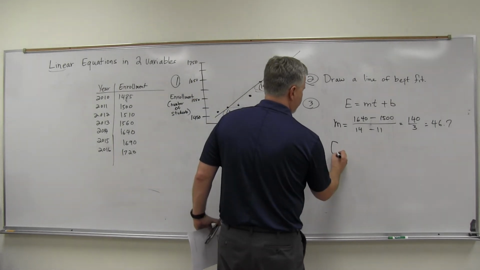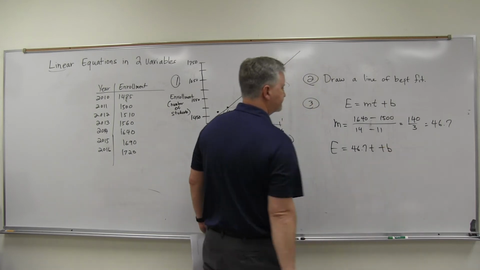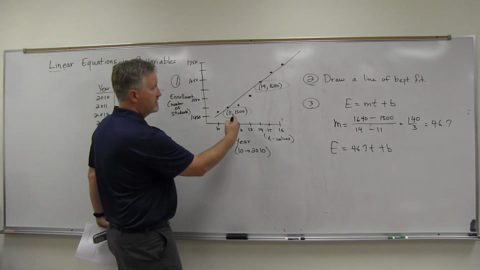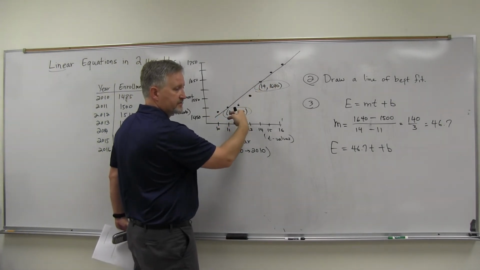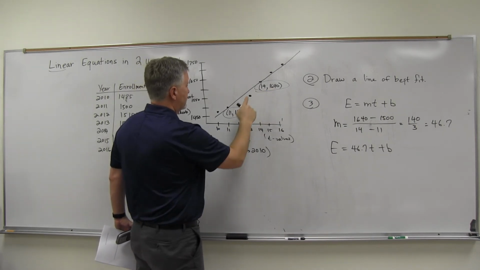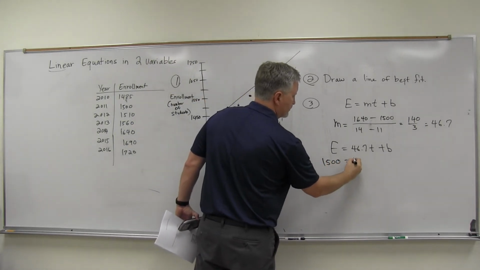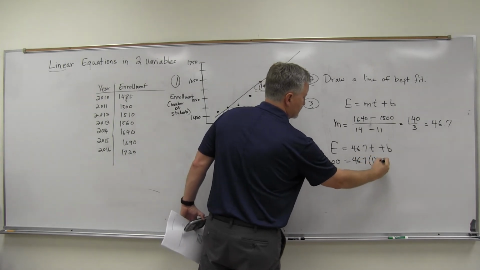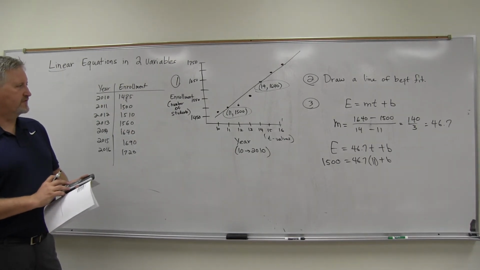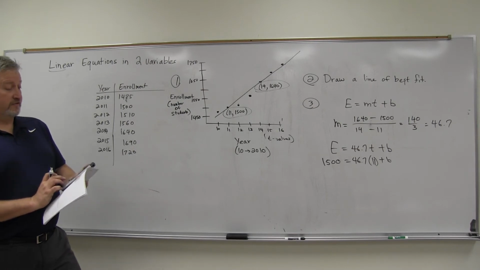All right, so now I've got E equals 46.7 T plus B. Find the B, just plug in an E and a T, right? So I've got an E. I want to use one of the E, T pairs from these 2, not some other 2 points. So let's just go with this one. 1,500 for E, 11 for T. So 1,500 equals 46.7 times 11. 513.7.